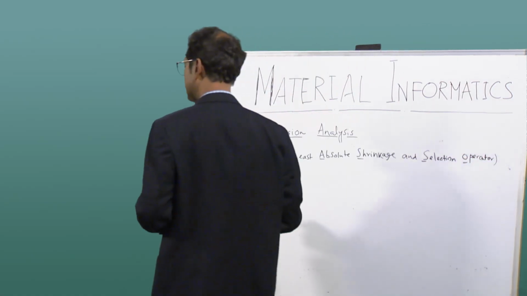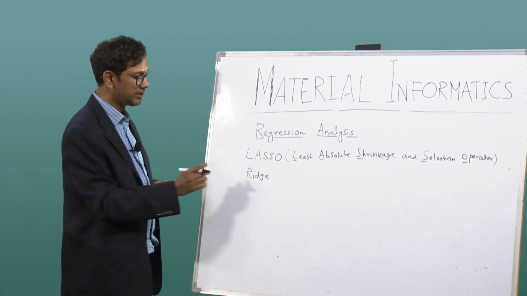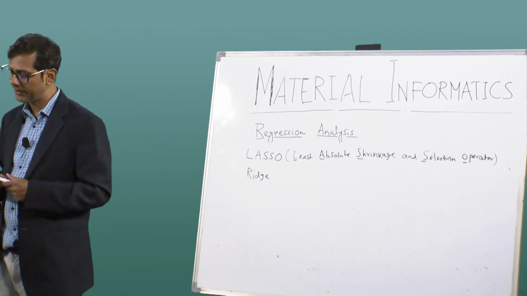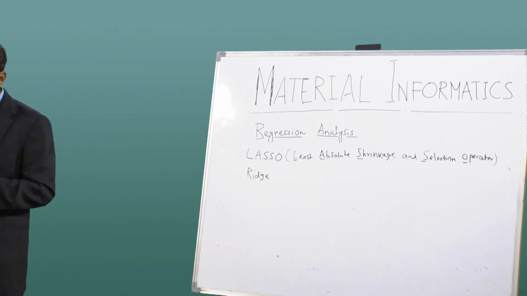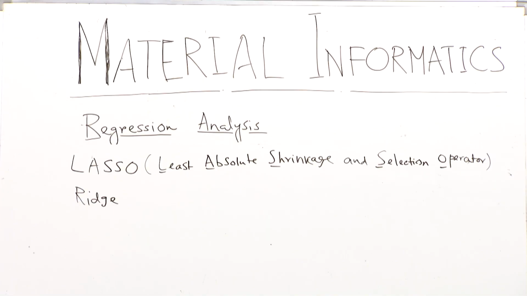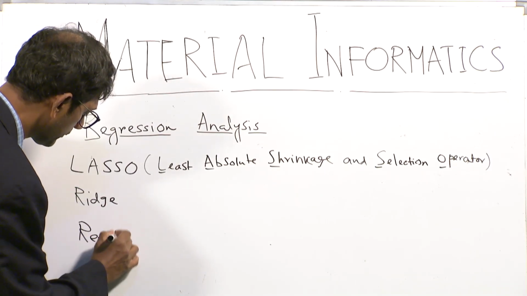You may get such kind of questions in interviews if you are looking for jobs. Ridge is also a similar kind. So here, in both these cases, we use a certain kind of regularization term, or penalty term.